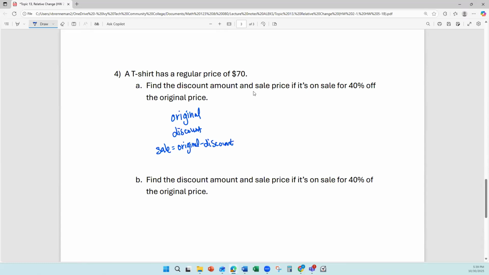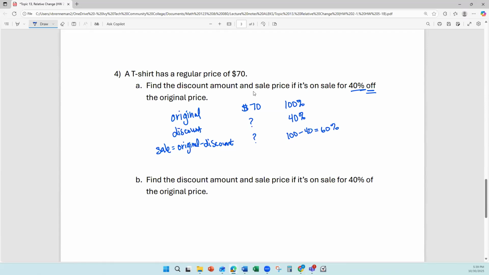The original price is $70. And that's 100%. So the original price is always the 100%. We want to know the discount amount. We want to know the sale price. And we know it's on sale for 40% off. So the discount is the 40%. So we can also figure out then that the sale price is 60% of the original.